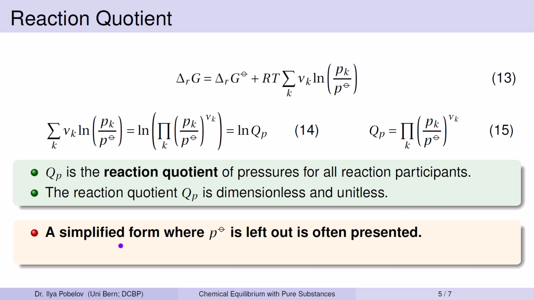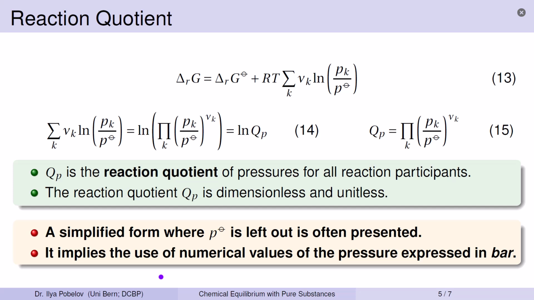When presenting a simplified version of the reaction quotient equation, the standard pressure is often left out. It implies that we are using numerical values of the pressures expressed in bar. A common pitfall is to use an equation of this type with numerical values of pressure expressed in pascals. This error leads to incorrect numerical results.